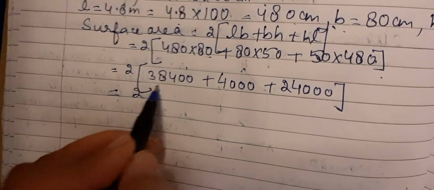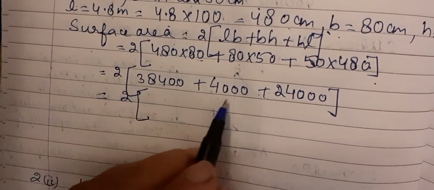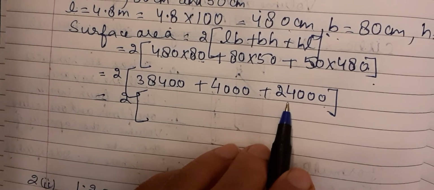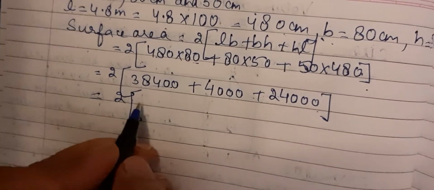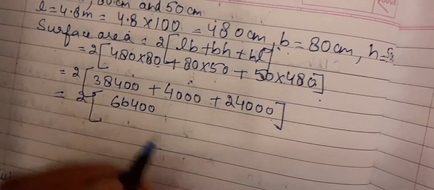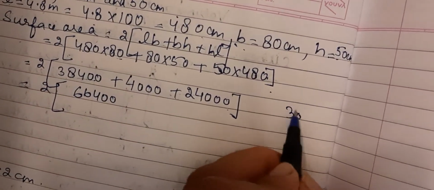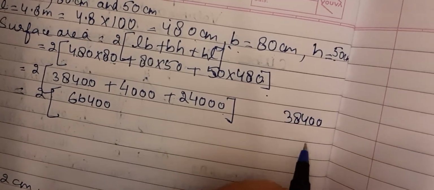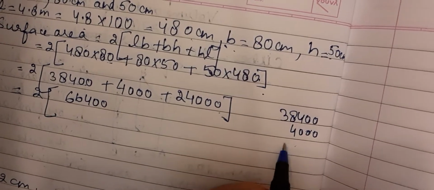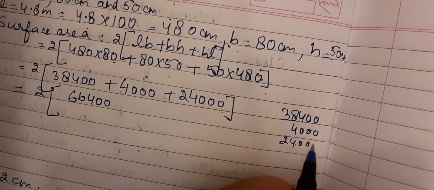Addition will be adding up 38,400 with 4000 and with 24,000. You will see when you add it up, you get 66,400. If you want, I can show you the addition also. 38,400, 4000 and 24,000.